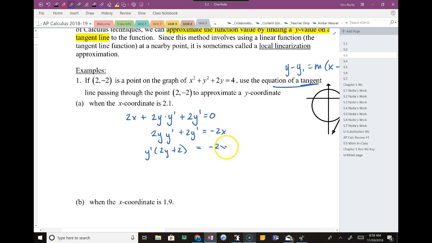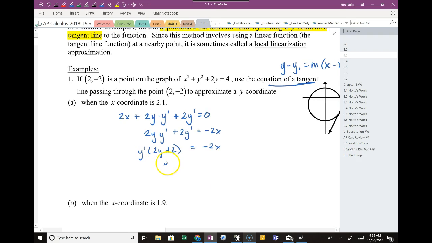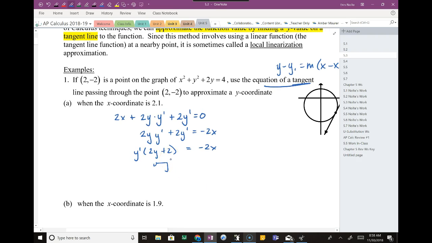Then I would just get rid of that quantity by dividing it. So y prime is negative 2x over 2y plus 2. You might want to simplify this, but it is probably not completely necessary because we're going to do substitution.